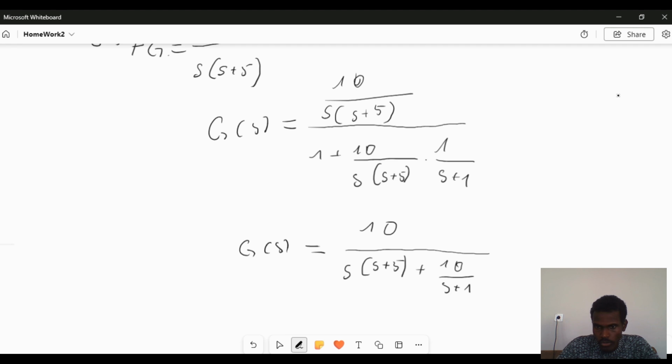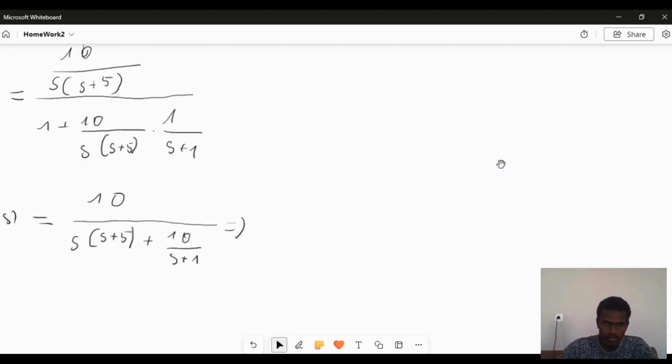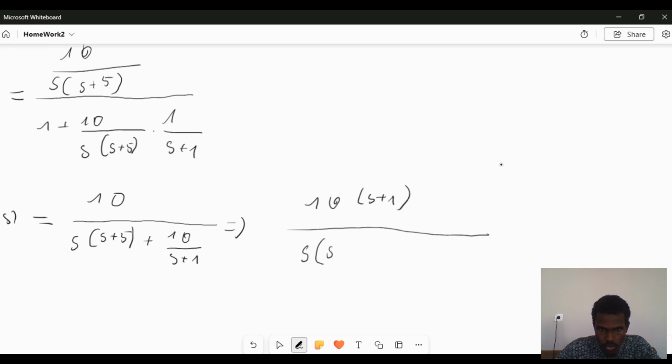Arranging again this equation, we can find 10 times (S plus 1) divided by S times (S squared plus 6S plus 5) plus 10.